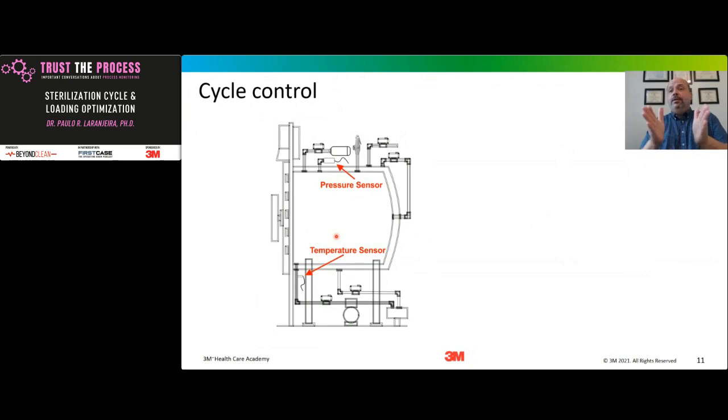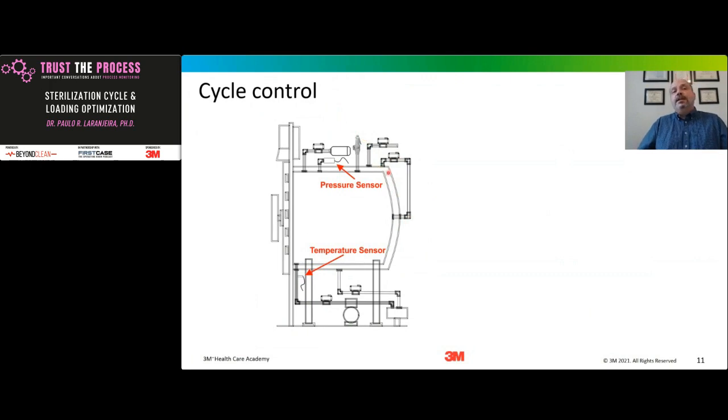This is how the equipment controls the cycle. We have a temperature sensor that is placed at the drain, and the reason for that is the steam, which can go either through the jacket and then inside of the inner chamber or directly, depending on the manufacturer.